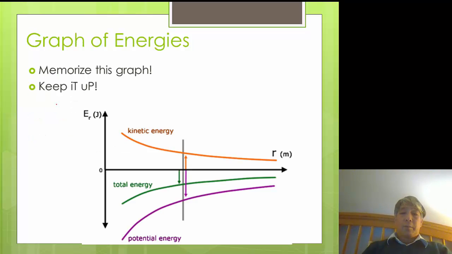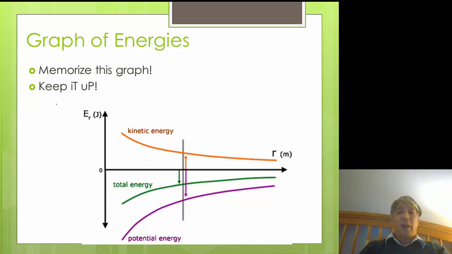So that brings us to this graph. My recommendation to you is to memorize this graph, because it will help you in so many ways if you know how to use it. In this graph, kinetic energy is positive. It's got this little curve, approaches zero as I go to infinity. Your total energy is below, but it's equally far as the kinetic energy.